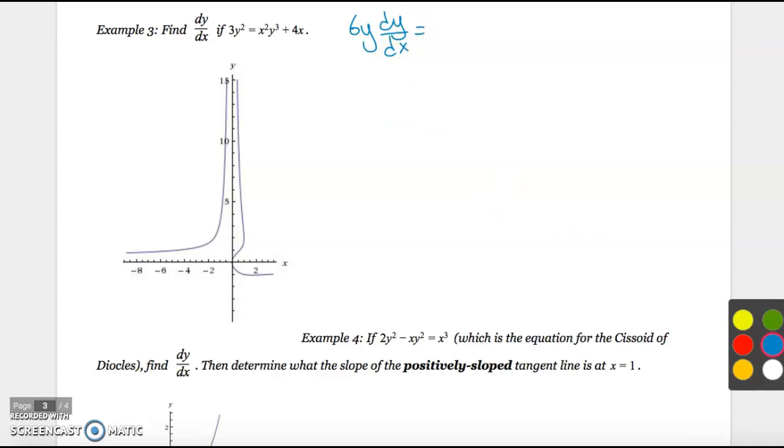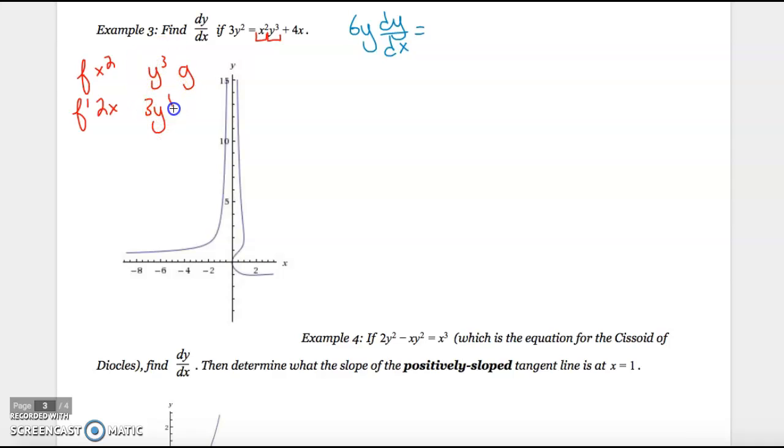And then on the right-hand side, I notice that I have a product going on. I have an x squared times a y cubed. So if I have x squared, that means f prime would be 2x. And then if y cubed is my g, then 3y squared dy dx would be my g prime. Crisscross applesauce.